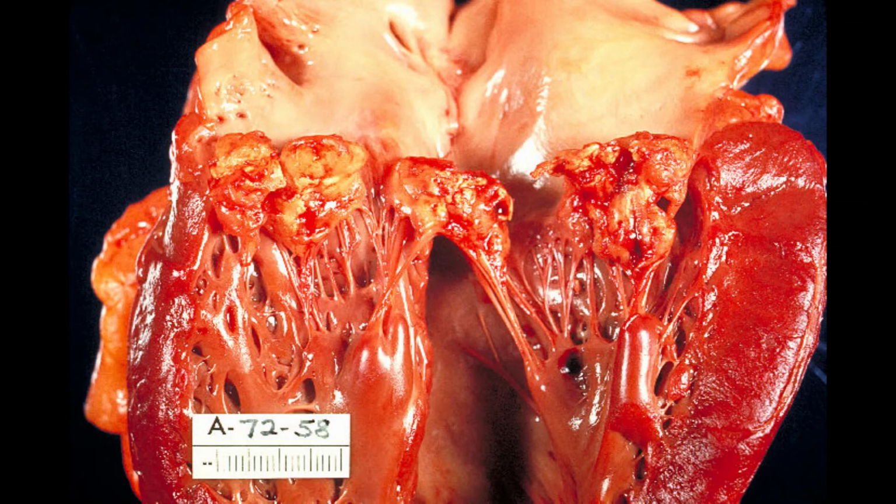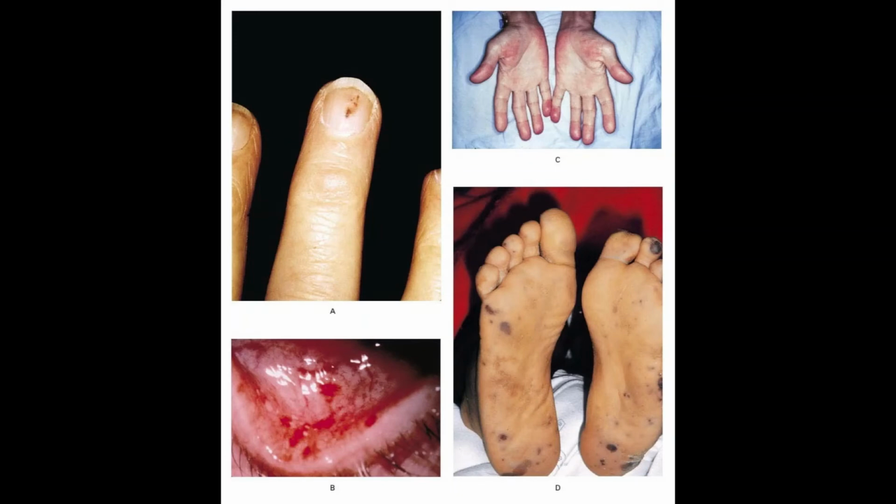I know we kind of jumped ahead here talking about myocarditis, but speaking of endocarditis, these last two images are of infective endocarditis and also some of the signs that you will see in clients with it. This includes splinter hemorrhages, lesions, and other things throughout the body that you will see with this.